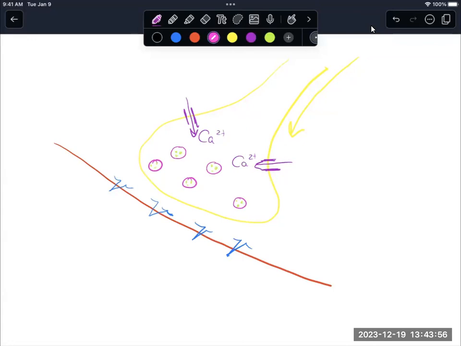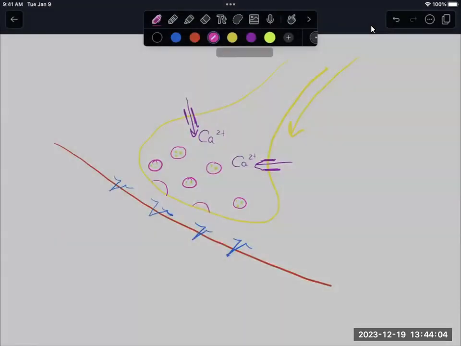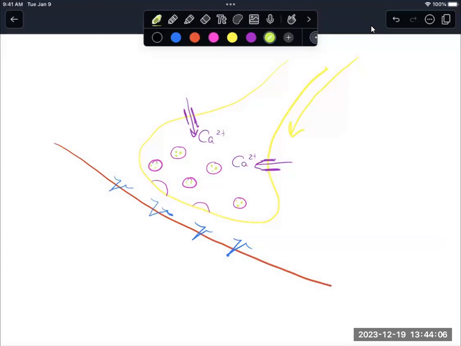This calcium is going to cause the synaptic vesicles to bind to the end of this nerve and release acetylcholine out into this synaptic cleft, this opening between this nerve and this muscle.